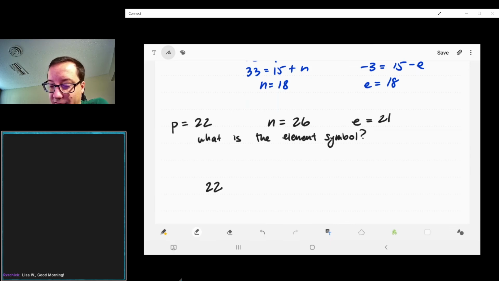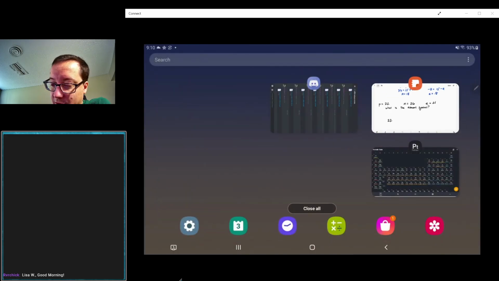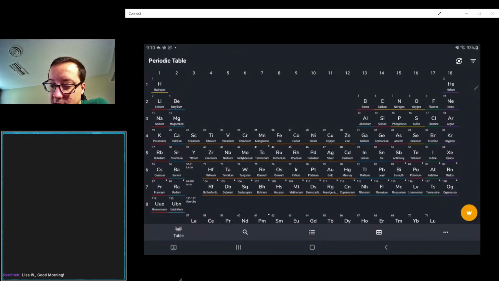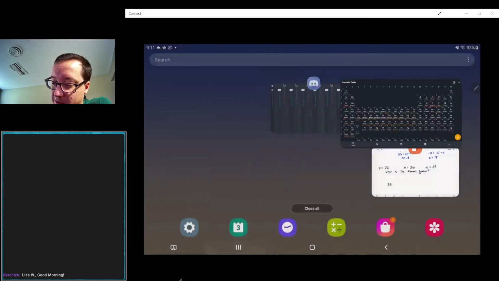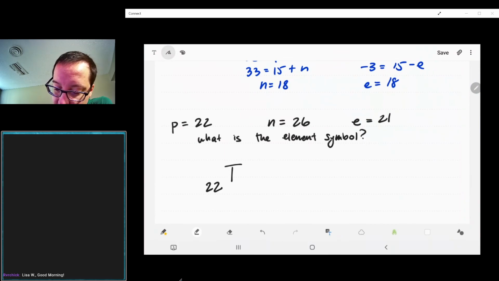So if we want to find the symbol, we have to figure out what element 22 is. We just have to look around here, and lo and behold, there it is. It is titanium. That is going to be our element. So we are going to put Ti as titanium for us.